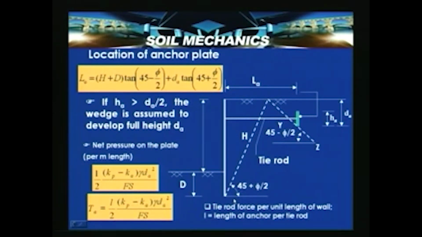Now, in this case, this particular zone is active zone and this particular zone is passive zone, and this particular zone is again passive zone and this particular zone is active.